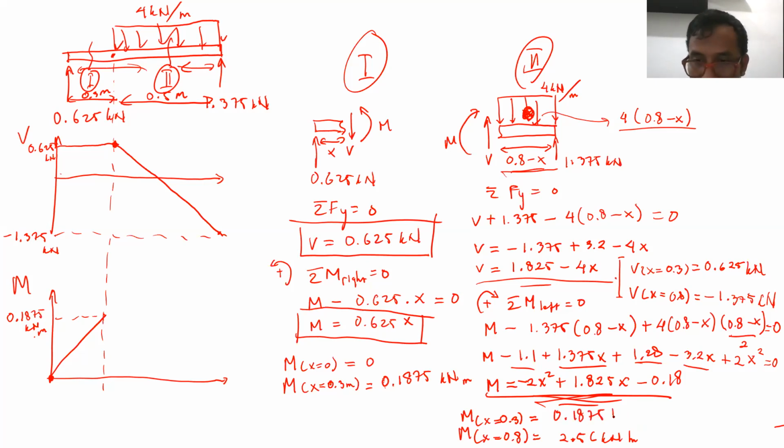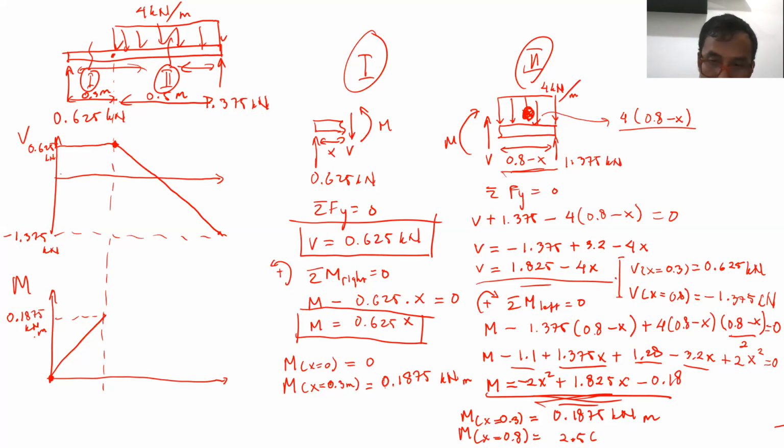0.1875 kilonewton meter. And at x equal to 0.8, 0.8 square multiplied by minus 2, plus 1.825 times 0.8, minus 0.18. This one is correct.